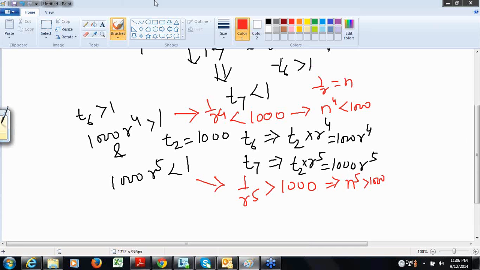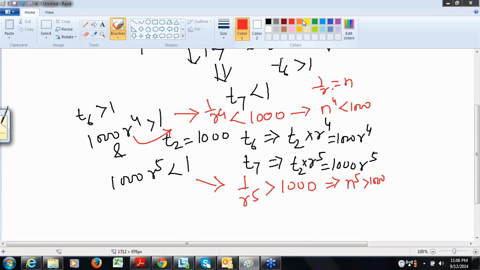Okay, so we have written T6 is greater than 1, that means 1000 r to the power 4 is greater than 1. That means you put this r here, so it becomes 1 by r to the power 4, which becomes less than 1000. Now 1 by r is n, so replace that here. So n to the power 4 is less than 1000, and 1 by r to the power 5 is greater than 1000, that means n to the power 5 is greater than 1000.